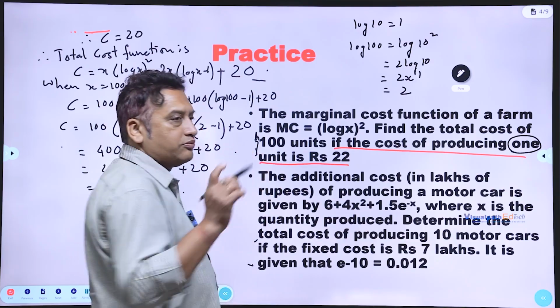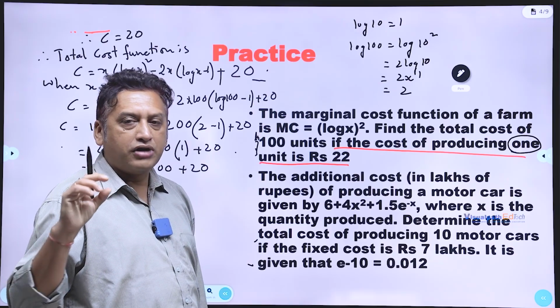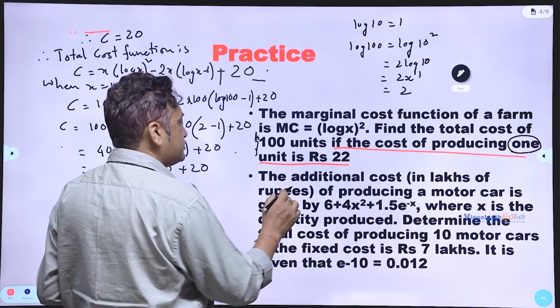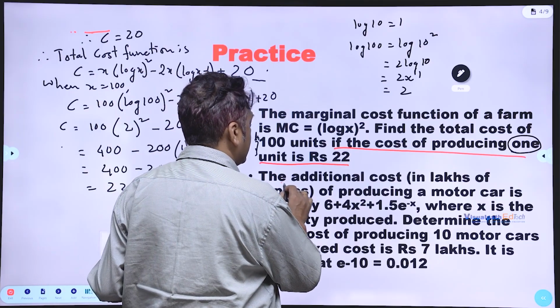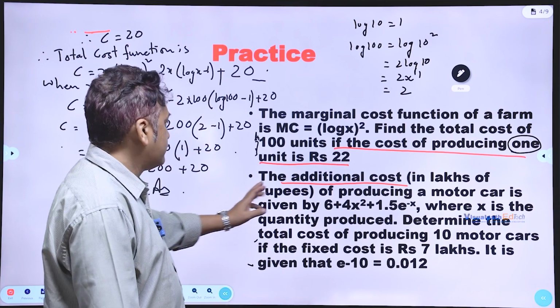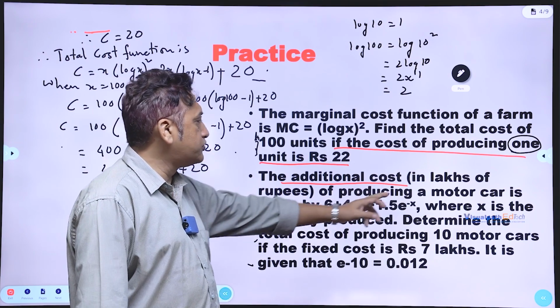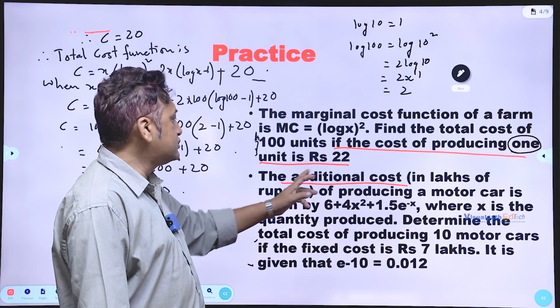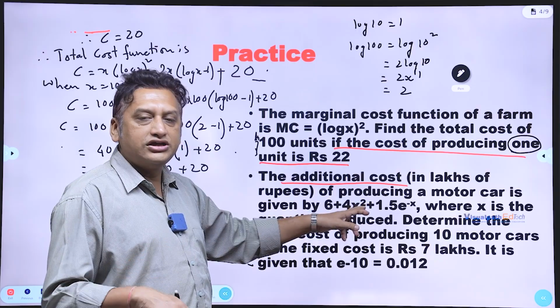Now, please remember, in the definition of marginal revenue and marginal cost, I have very clearly said that marginal cost is nothing but the additional cost of producing 1 unit of the commodity. Now, the question says the additional cost of producing a motor car, meaning 1 unit, is given. So this is nothing but the MC, the marginal cost.